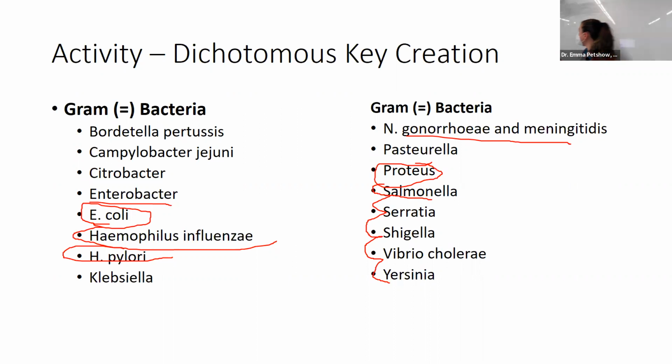Oftentimes in my dichotomous key I'll start breaking things down by shape, which we'll talk about. The two big shapes are cocci and rods. So if I was going to categorize things next, I would look up what are cocci bacteria and what are rod bacteria. Lucky for you, there are presentations on both, PDFs online showing your gram-positive cocci, your gram-positive rods, and vice versa.